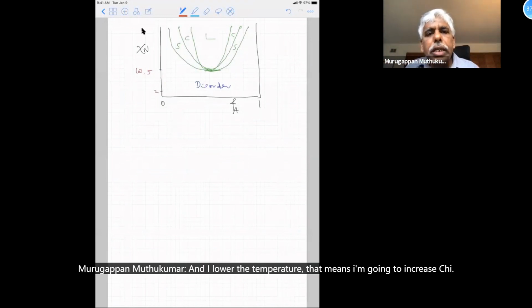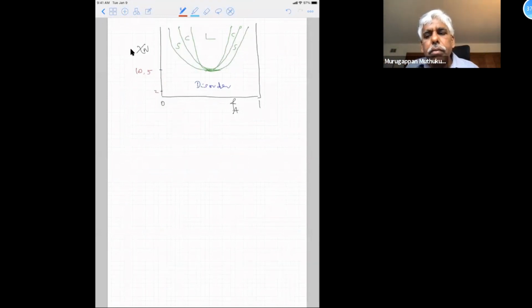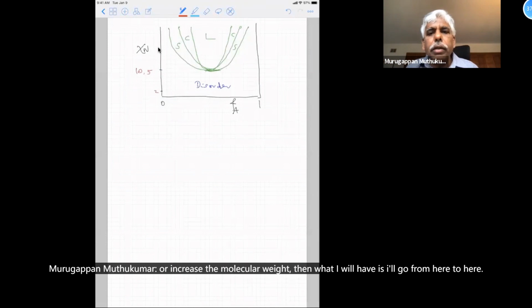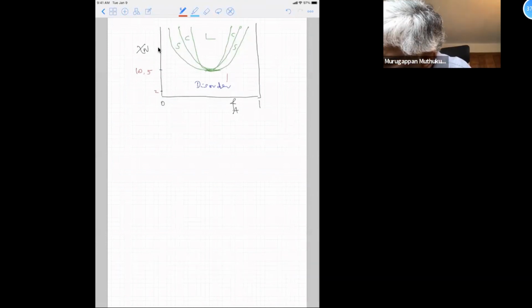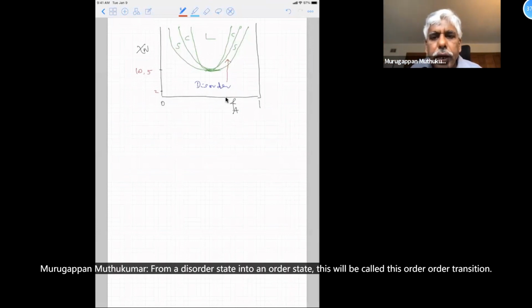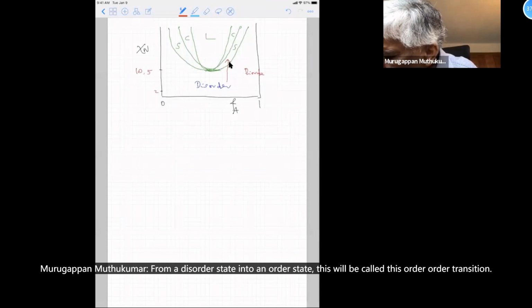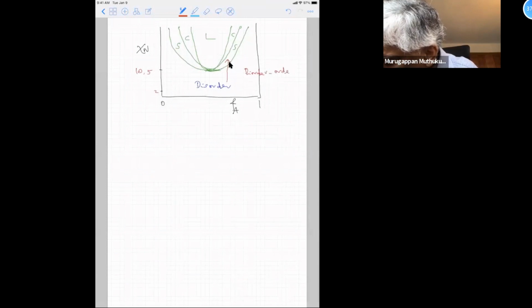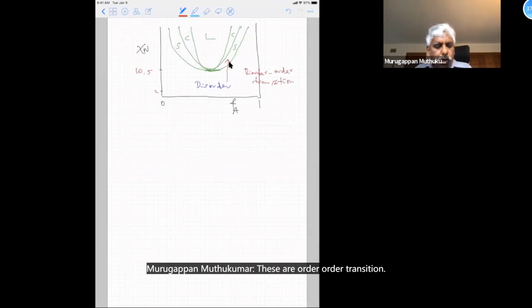That means I'm going to increase chi, or increase the molecular weight. Then I'll go from here to here, from a disordered state into an ordered state. This will be called a disorder-order transition.